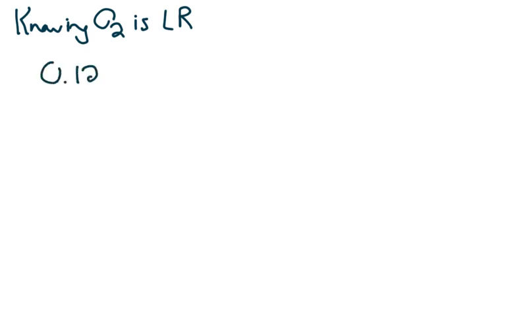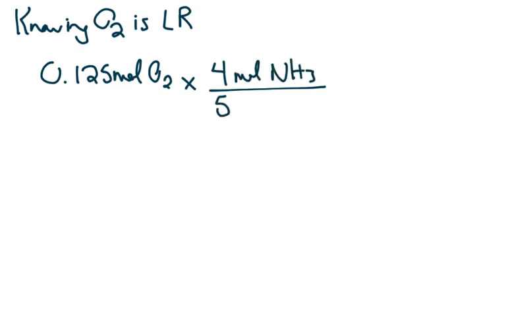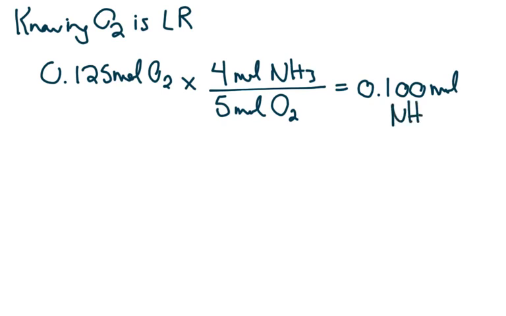So knowing that we use up all 0.125 moles of O2, same mole ratio, 5 and 4, except now, because we're dealing with O2, we'll have 4 moles NH3 on top, 5 moles O2 on the bottom. Calculate that out, that gives us 0.100, and I'm using 3 sig figs here because that's what we had in the question. 0.100 moles of NH3 used.